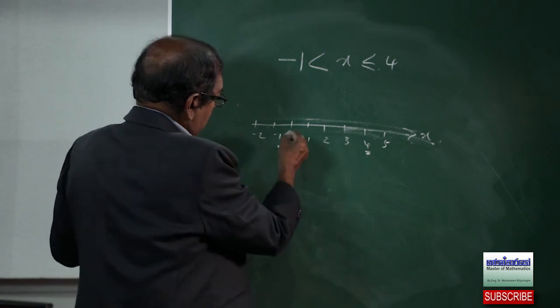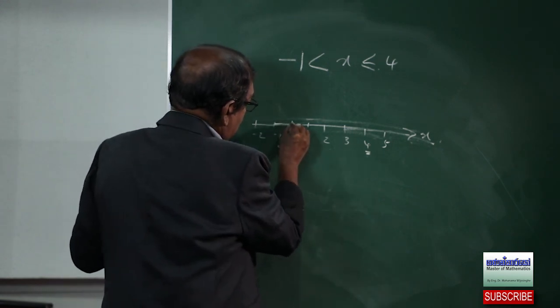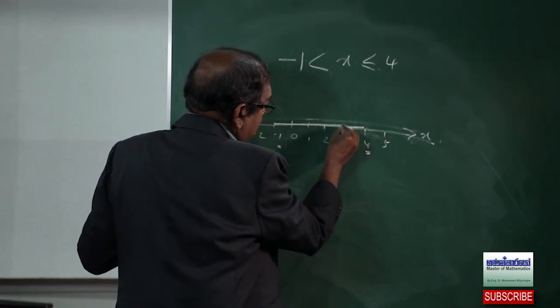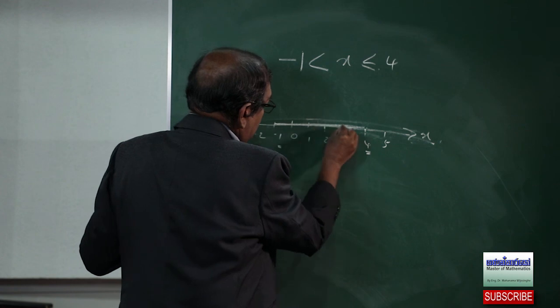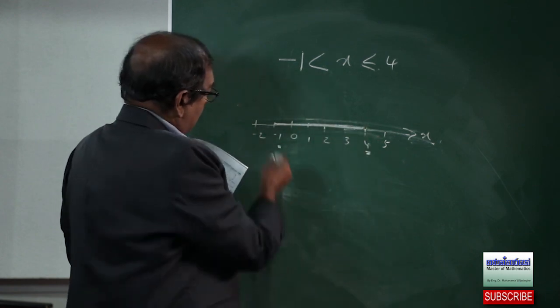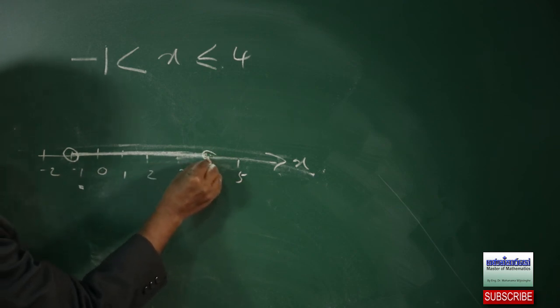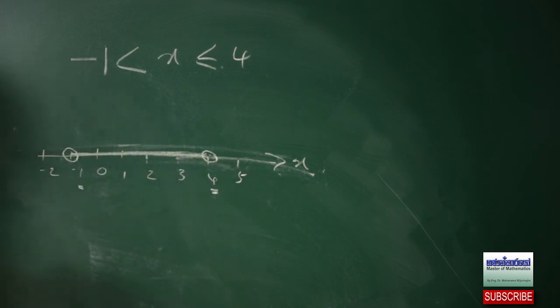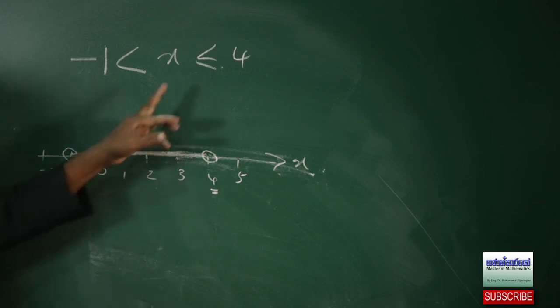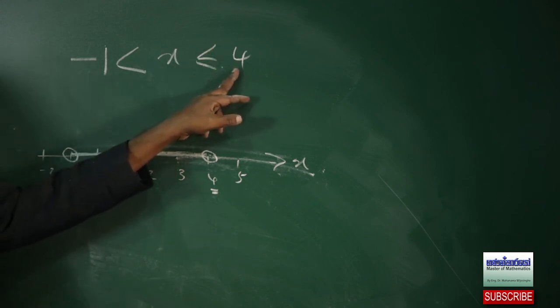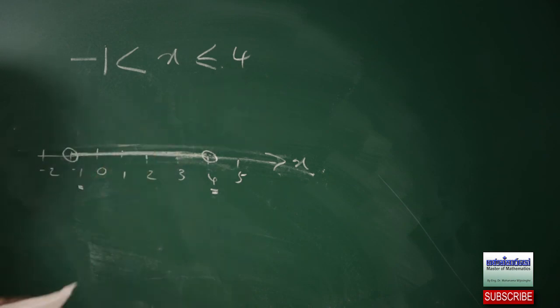Then how do we mention that? The portion is in between these, starting from this point and ending with 4. But it is mentioned that it may be equal to 4. How do we show the equal sign?